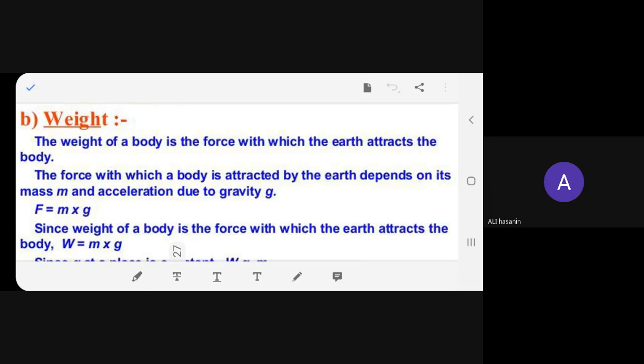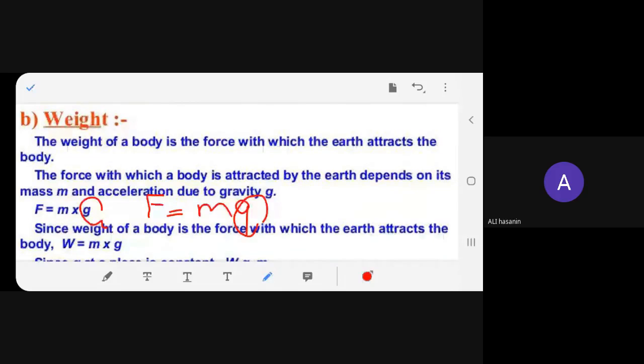You know that force is equal to ma, right? This is what we had learned. Then this a becomes g. Earlier, what we had learned, force is equal to mass into acceleration. Remember when we did the equations of force or motion? But now, instead of acceleration, we are writing gravity, that is g.